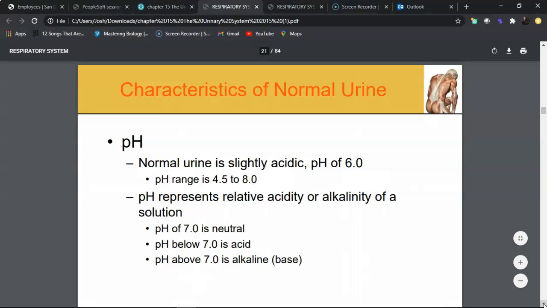Anything below 7 is considered acidic, and anything above 7 is considered alkaline or basic. Urine pH can vary depending on what you're eating and other conditions going on within the system, so the average can be anywhere from about 4.5 or 5 to about 8. Generally, if you start getting more of an alkaline urine, that sometimes can indicate that there's an infection as well as some other disease processes.